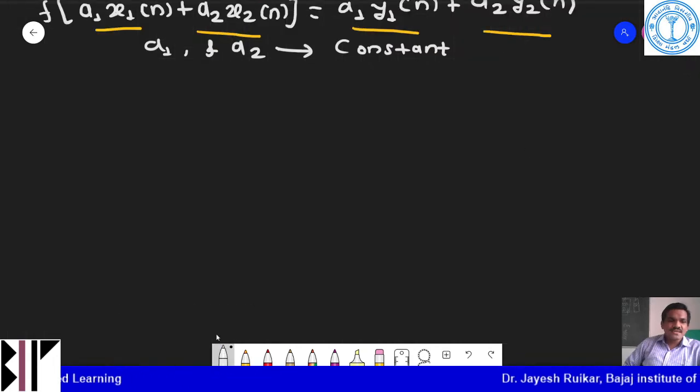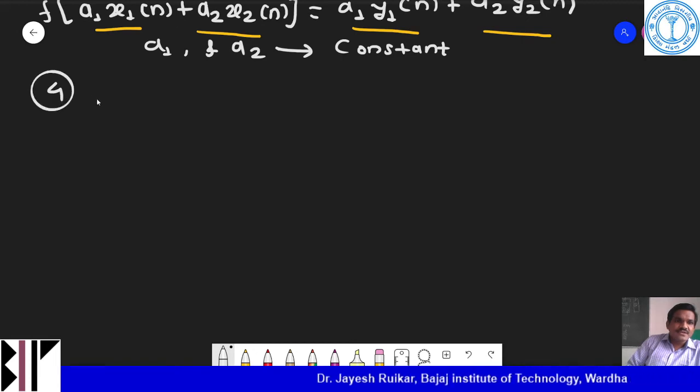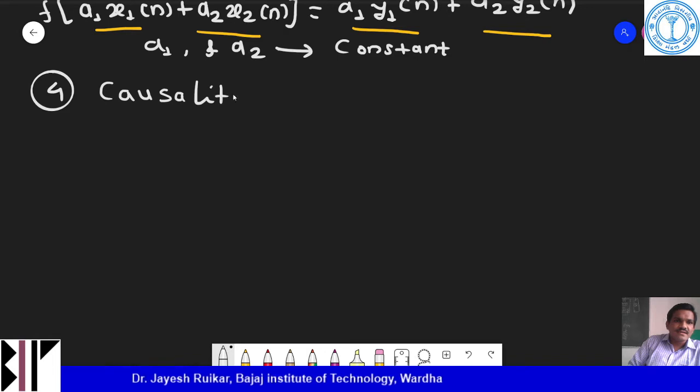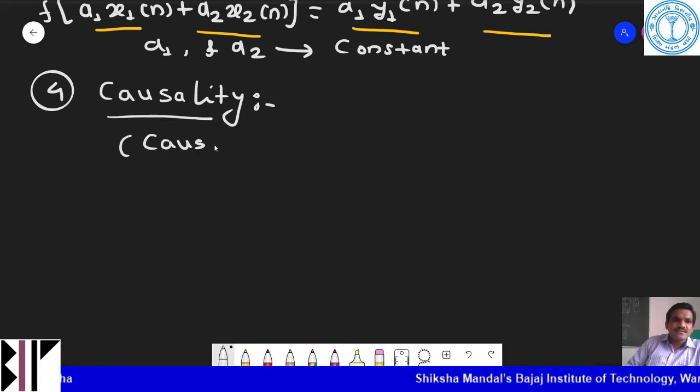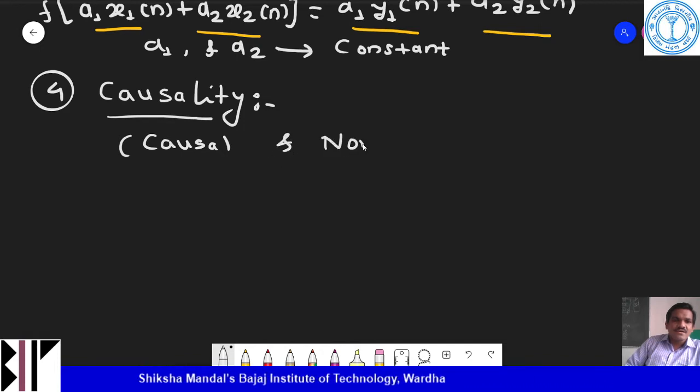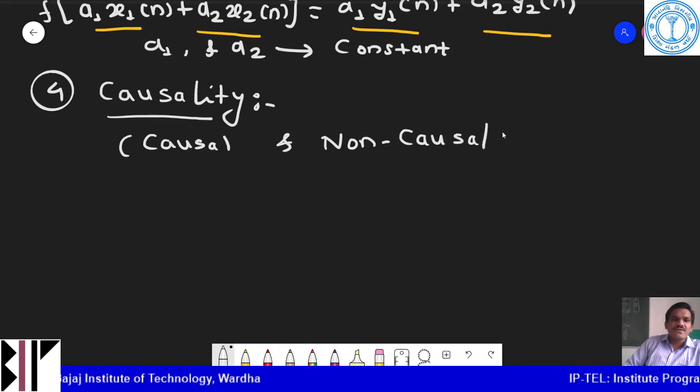Let us take another fourth property, that is causality, which tells us whether the system is causal or non-causal.